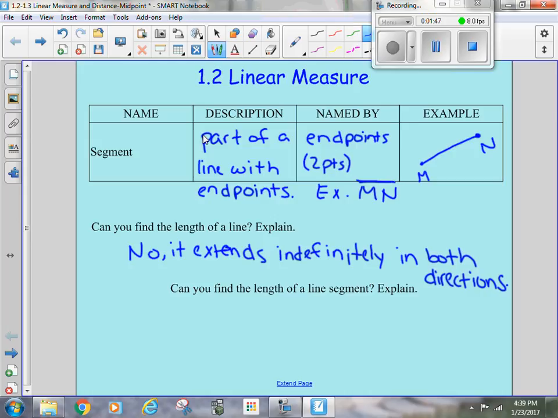Remember in the last lesson when we talked about a line extending both ways. So now, can you find the length of a line segment? Yes, because it has a start and an end.